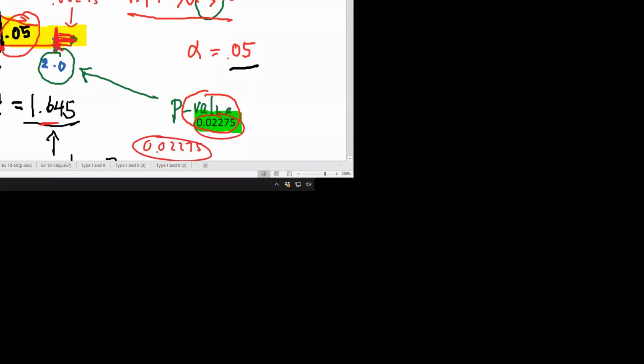The p-value associated with 1.75 will be a number that is larger than 0.05. So that means that the 1.75 is inside the fail to reject H0 region. All right, so let's now look at a problem where we are asked to use the p-value also as a decision rule.